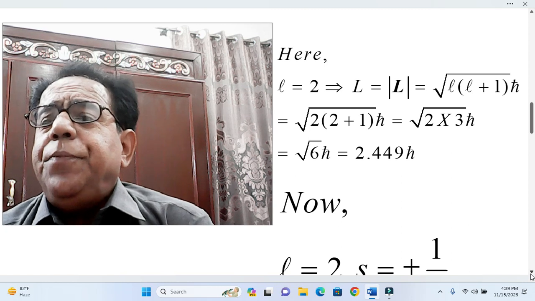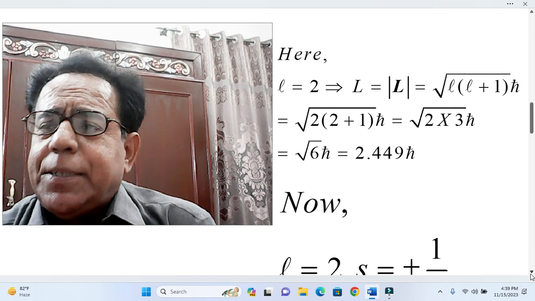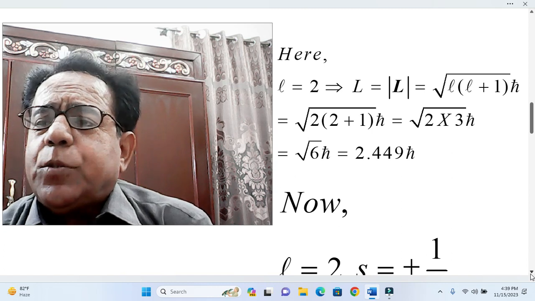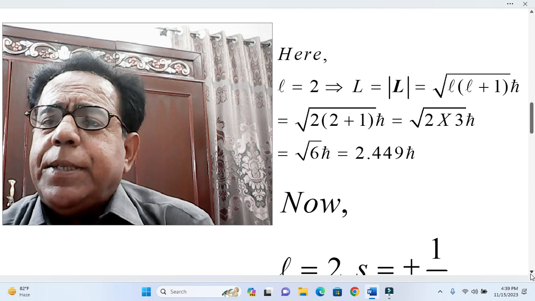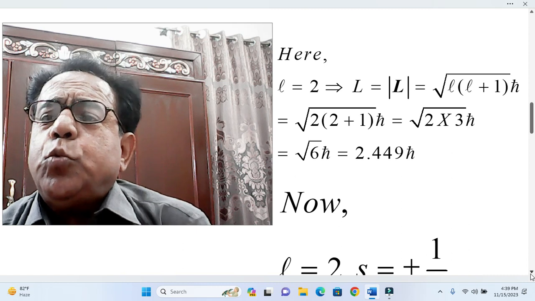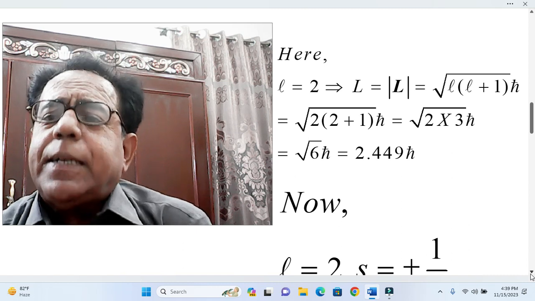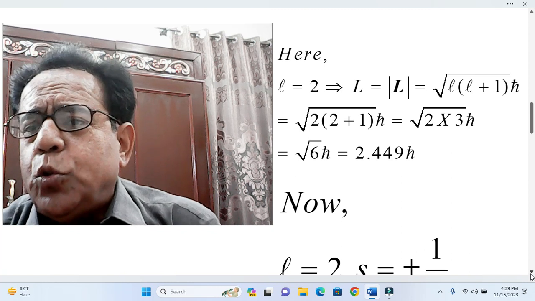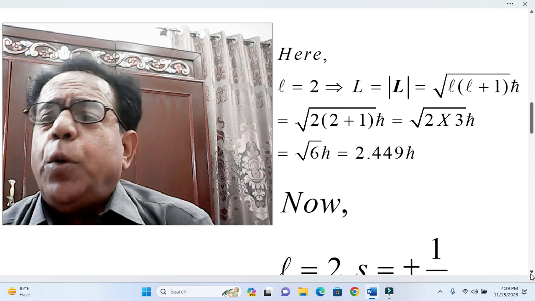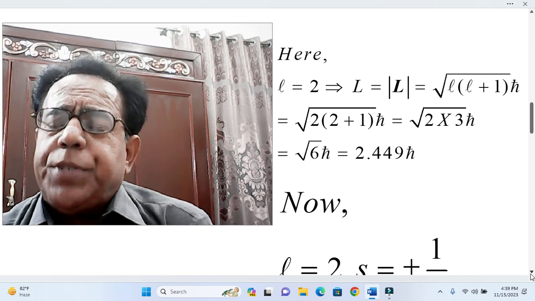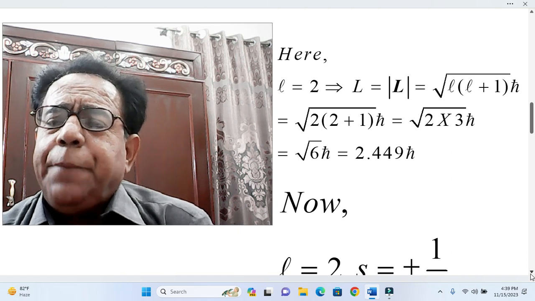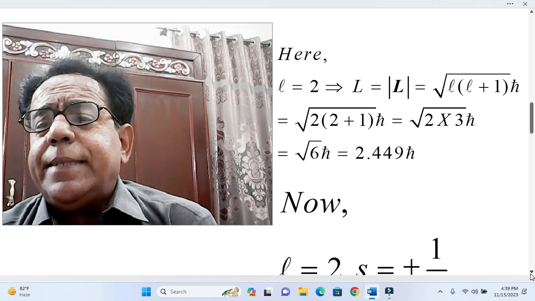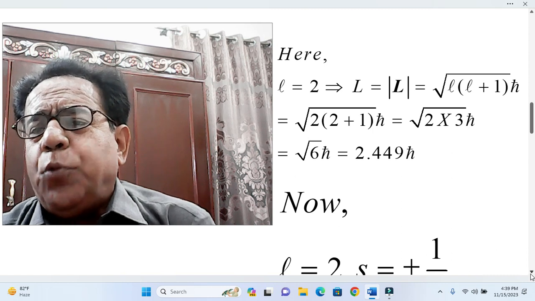Here h bar is Planck's constant divided by 2 pi. This alternatively becomes equal to the square root of 2 into 2 plus 1, into h bar. Because we put the value 2 in place of small l, this has become equal to the square root of 6 into h bar, and the square root of 6 is equal to 2.449.